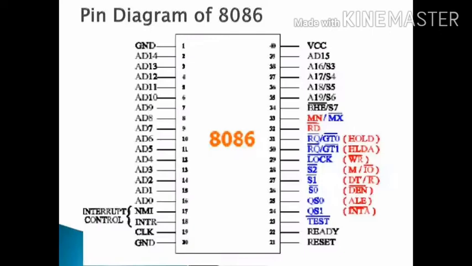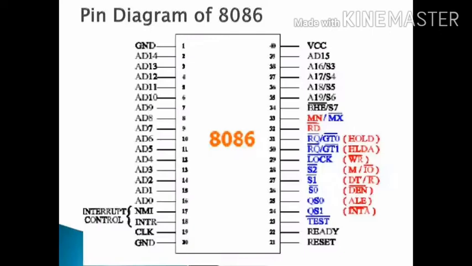During the first clock cycle T1, the microprocessor will use this pin to send out the bus high enable signal, and in the later clock cycles it will send out logic 0 on S7 as status information.